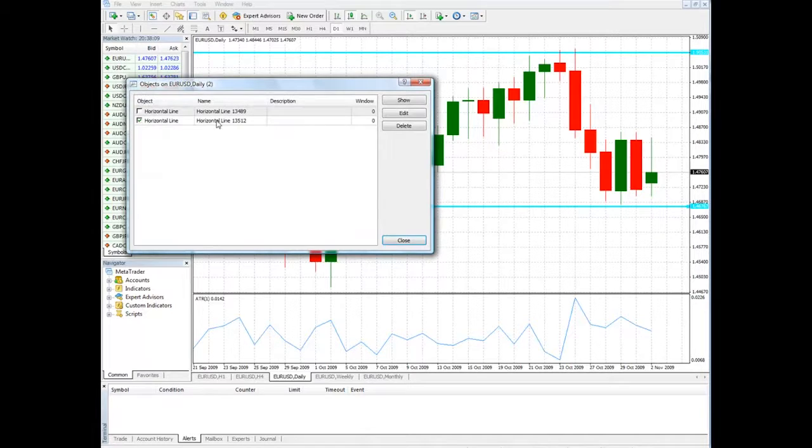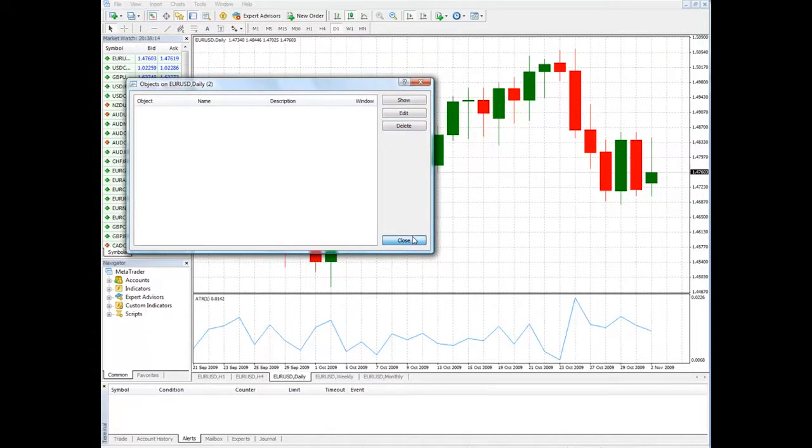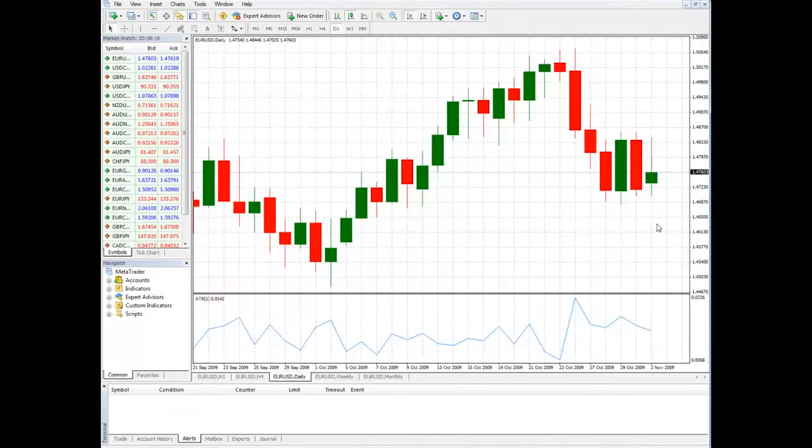Let's take the objects list real quick. Got to remove both of those. Okay. If you're looking for the last 3 days, not including the current day, take a look here. That's the highest high.